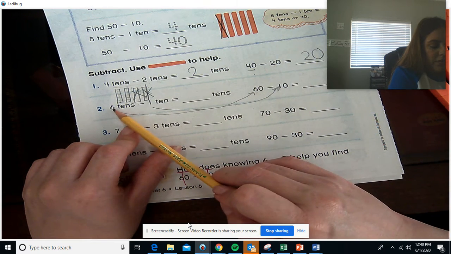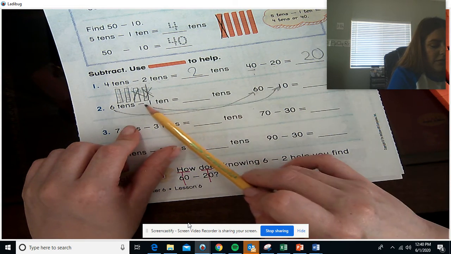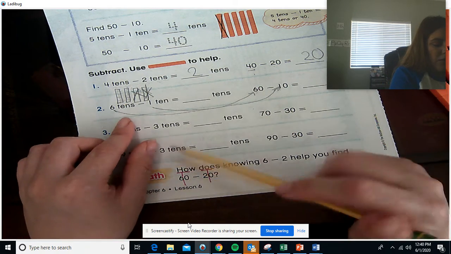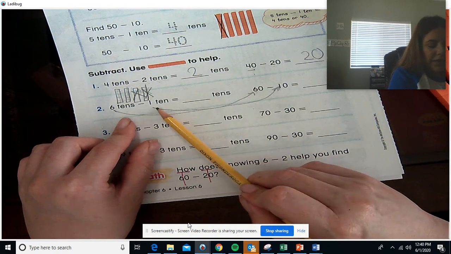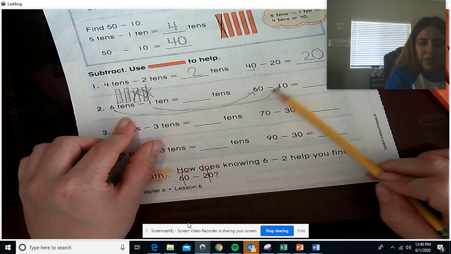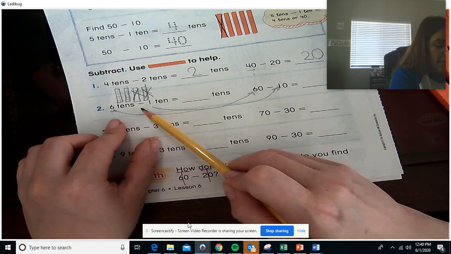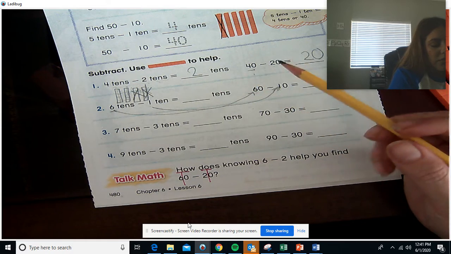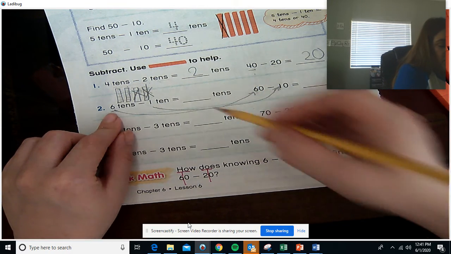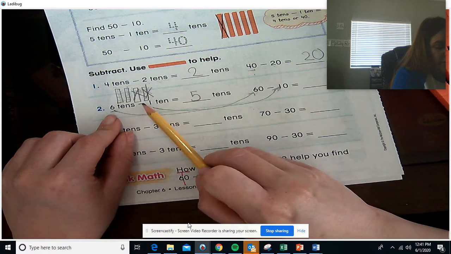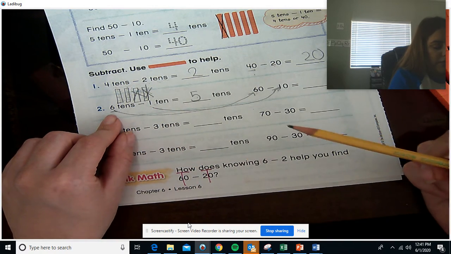So this number is telling us the place value. So really, they're the same thing. If I know 6 tens minus 1 ten, I easily know what this one is. So I can say 6 minus 1 equals 5 tens.